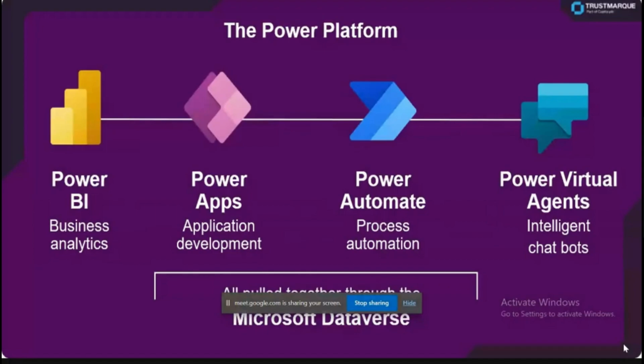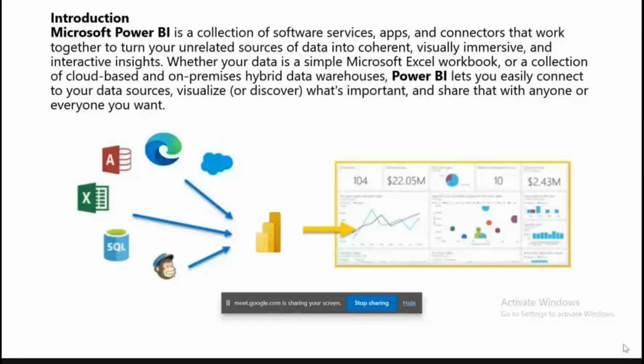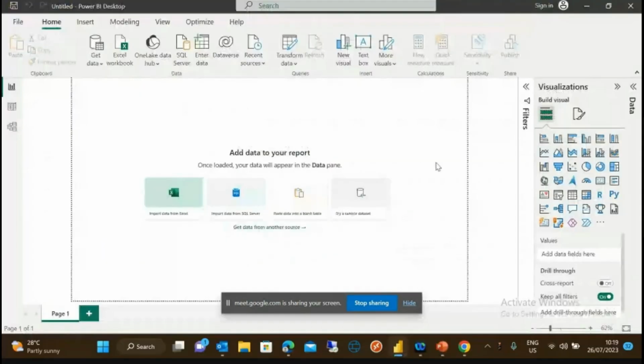Okay, so what is Power BI? Power BI is a collection of software services, apps and connectors that work together to turn your unrelated sources of data into something coherent, visually immersive and interactive insights.